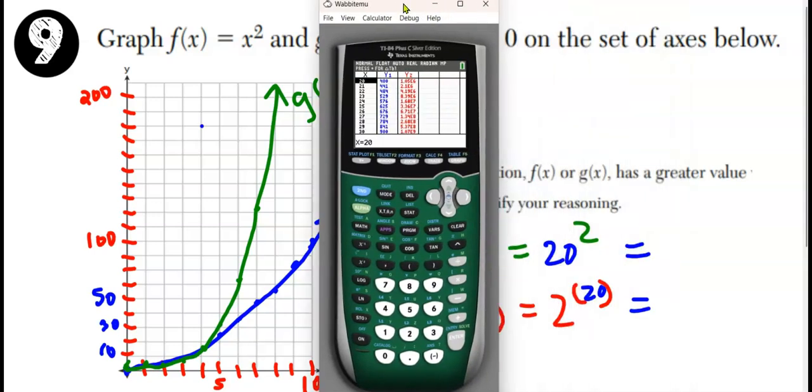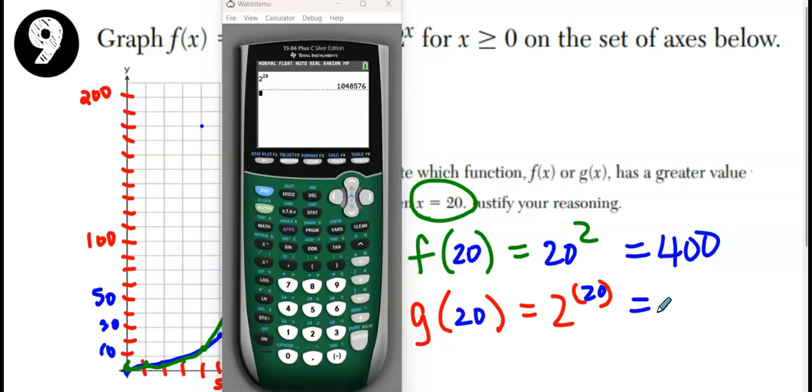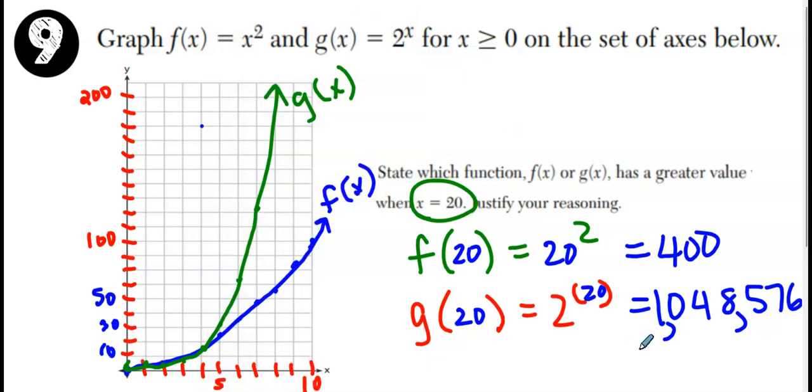400, and look at that other one, is so long it's using scientific notation to write the answer. So I'm going to compute that just on my main calculation screen here. 1,048,576.